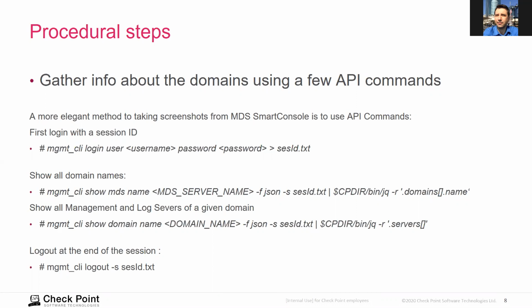Then if you have an environment with a secondary MDS and an MLM, so you have a secondary domain management server and a domain log server, we will have to recreate those secondary CMA and the CLM from the backup.